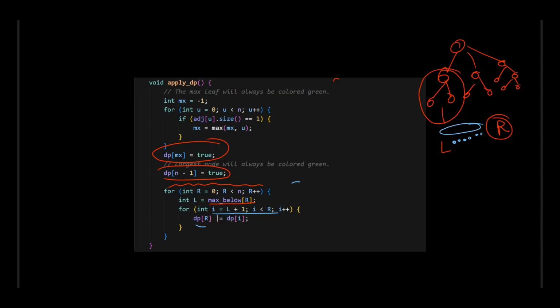So you can say that this DP by itself is O of n square. Why? Because for each R, you are finding the minimum below and then you are iterating over that range.